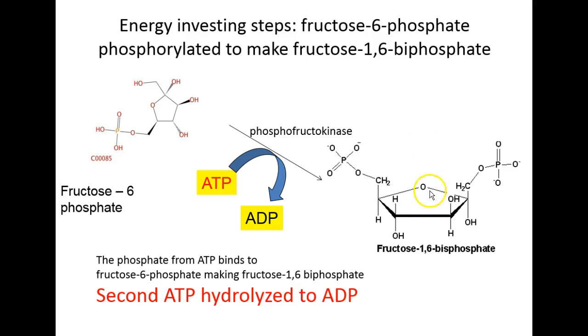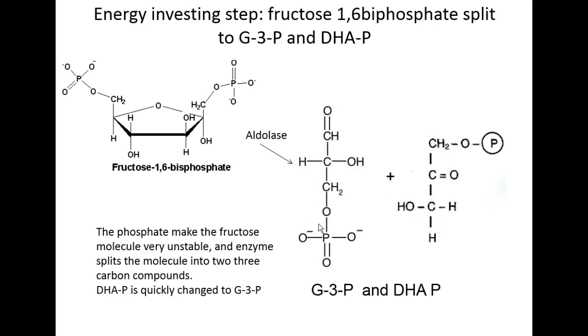Now the end result is a molecule that can be easily split into two 3-carbon compounds, the phosphate groups providing the unstable groups that allowed for the splitting of fructose to take place. So the last step in the energy investing step of glycolysis is the splitting of fructose 1,6-biphosphate into two 3-carbon compounds, G3P and DHAP.